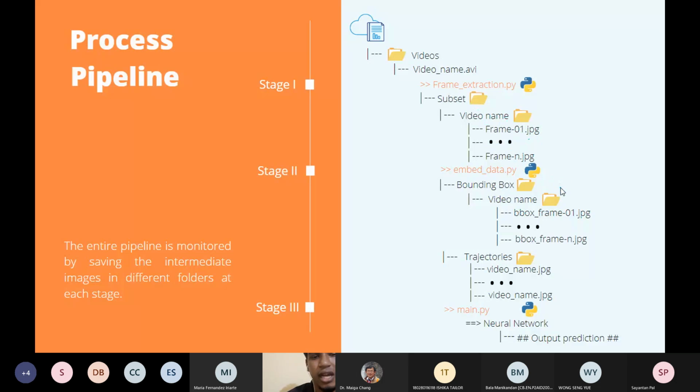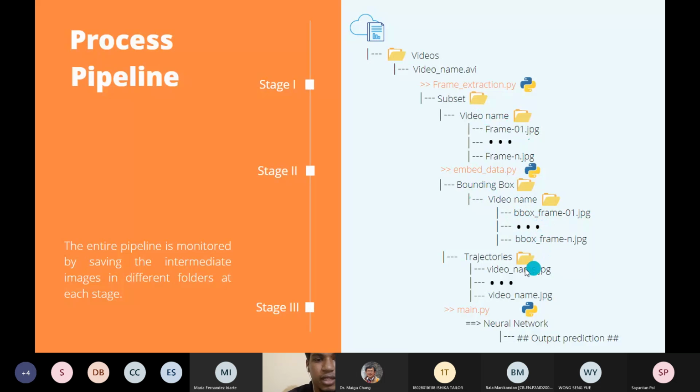Next we come to the second stage, where we extract the bounding box. I'll come back in a minute to explain the bounding box extraction. We try to find the motion pixels in the image and store them in the bounding box folder. Here also we use the video name and below that different frames, mostly 50 frames.